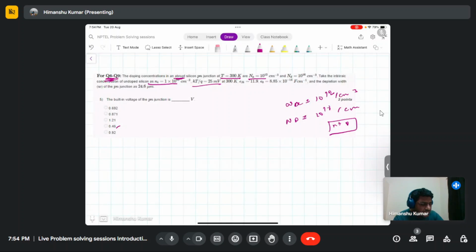The depletion width of the p-n junction is given, and the built-in voltage of the p-n junction is given.